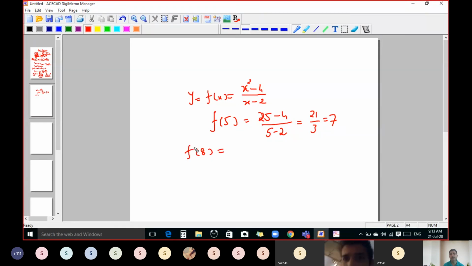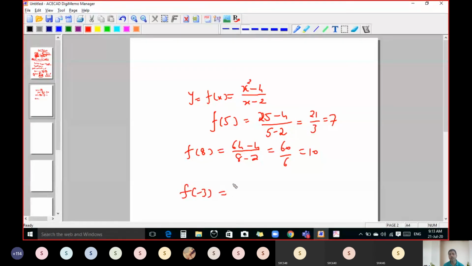What does it mean? If x equal to 8, what is the value of y? So put x equal to 8, we get 64 minus 4. Why 64? 8 square is 64, upon 8 minus 2. So we get 60 divided by 6. The answer is 10.